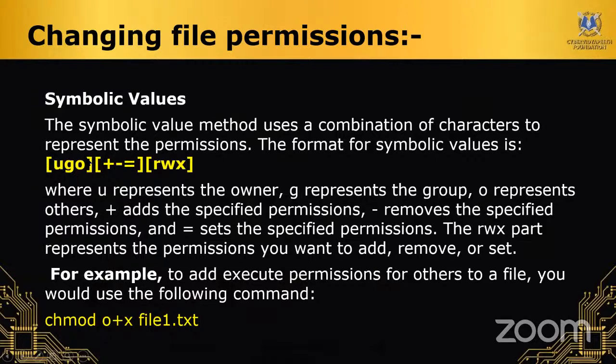We will use braces to define whether it is owner, user, or group, and then another group of braces to represent whether we want to remove permissions, add permissions, or specify the permissions. Then another group of braces, where we give the permissions which we want to change.